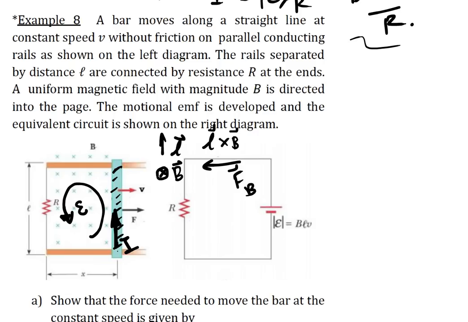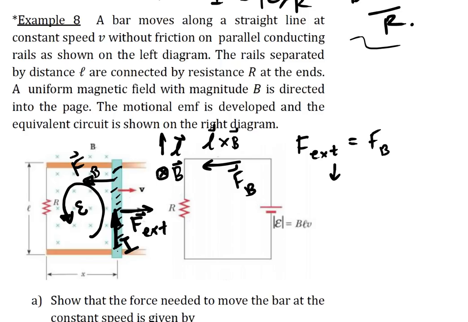So in order to fight the FB to the left, you need some external force F to pull the bar to the right. When the external force equals FB, the motion of the wire is in equilibrium.